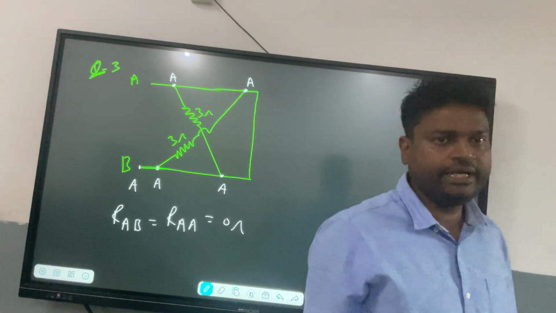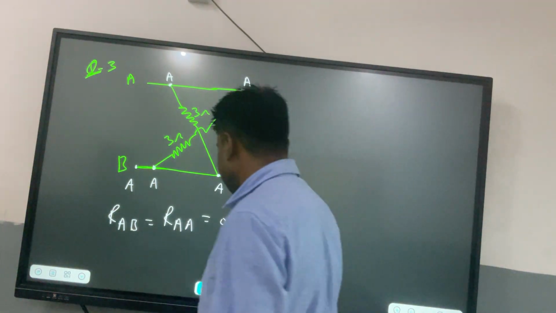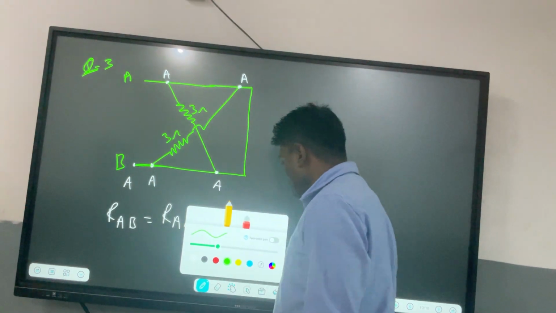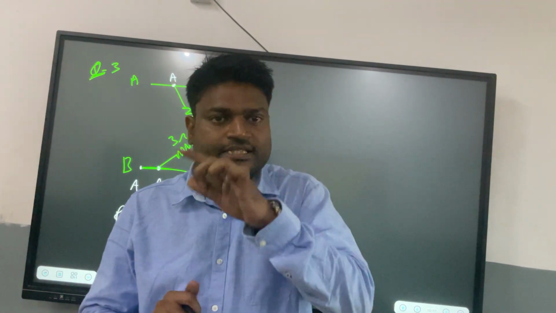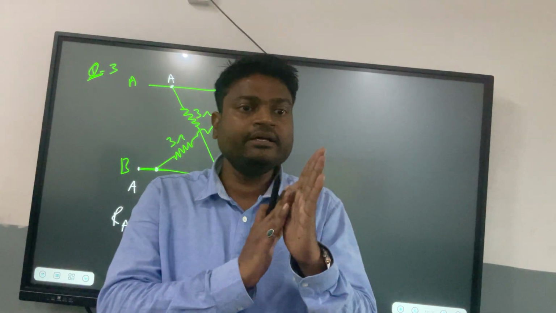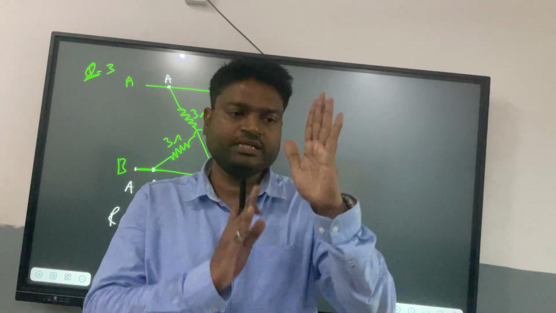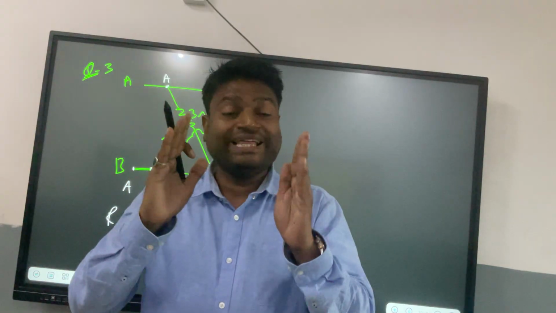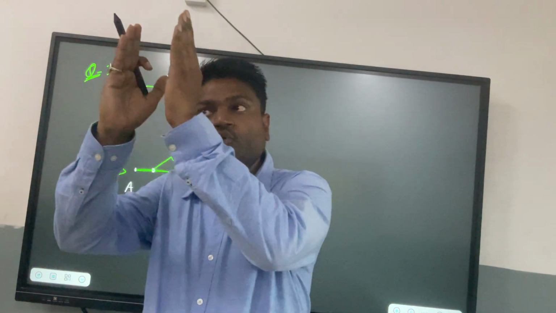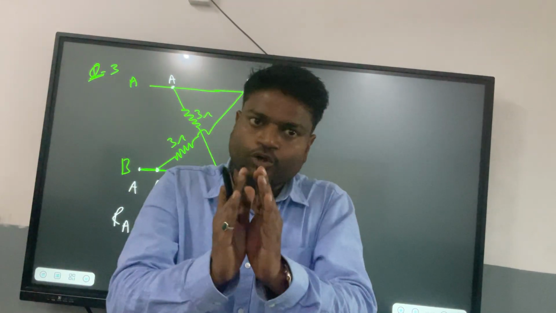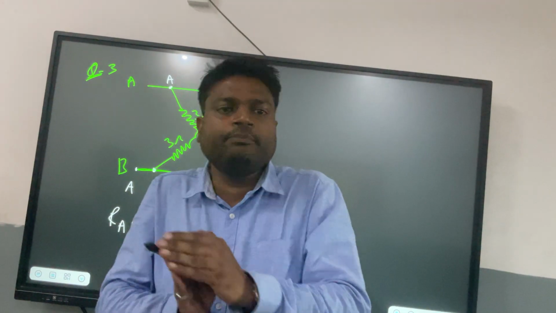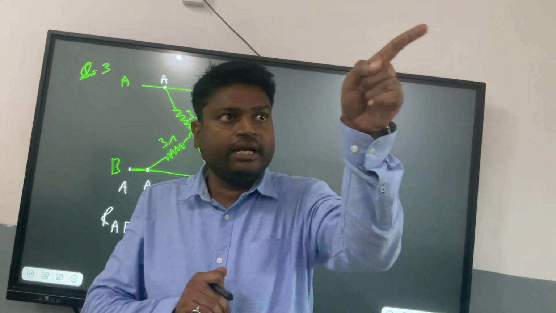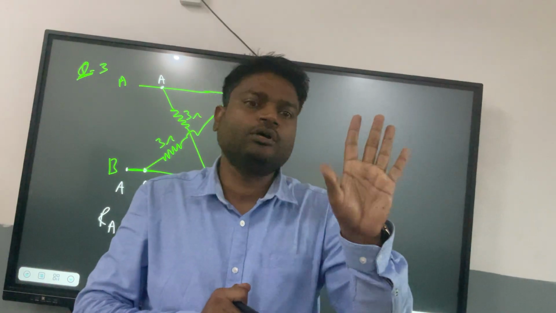What I am trying to say? Please listen carefully. See, we know that current always follows the least resistance path. If suppose there is a combination of 3 resistive branches, 6 ohm, 3 ohm, 2 ohm, then the maximum current is flowing into 2 ohm. After that 3 ohm. After that 6 ohm. But if any short circuit branch is there, then the complete current follows through that short circuit branch.